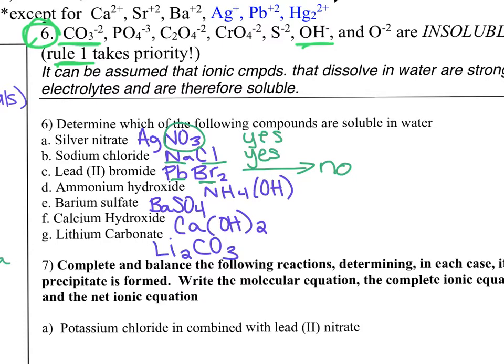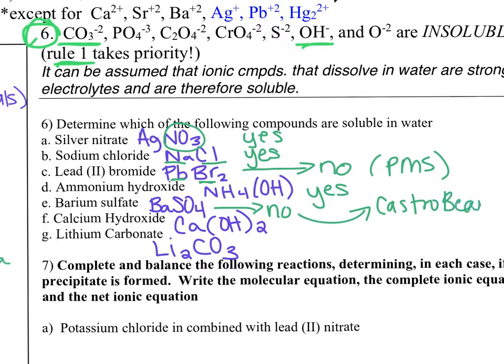Ammonium hydroxide. Let me put the rule there. It is soluble, because it has ammonium, so it canceled out the hydroxide rule. Barium sulfate: no. What rule are we using? BA, Castro-Bear, very good.